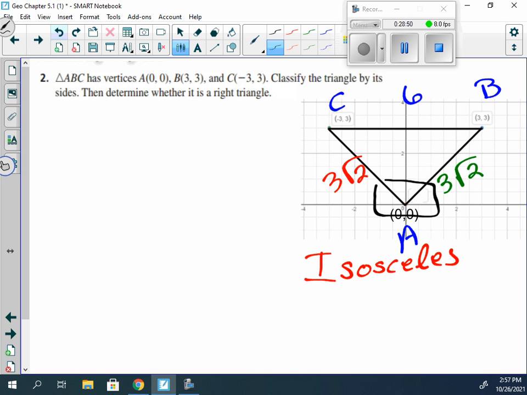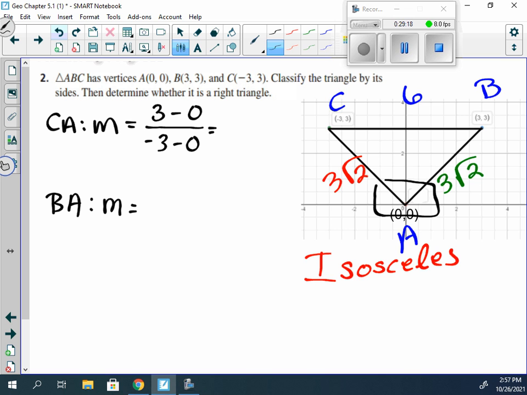So we can find the slope from C to A and the slope from B to A. At points C and A, what are our y values? 3 minus 0. The x values are negative 3 minus 0.